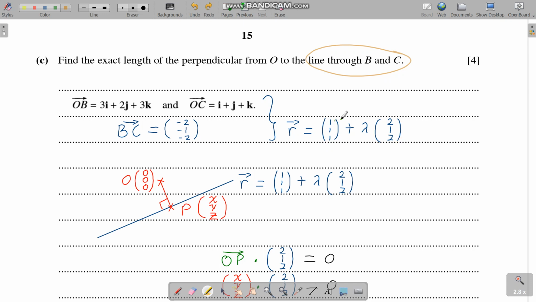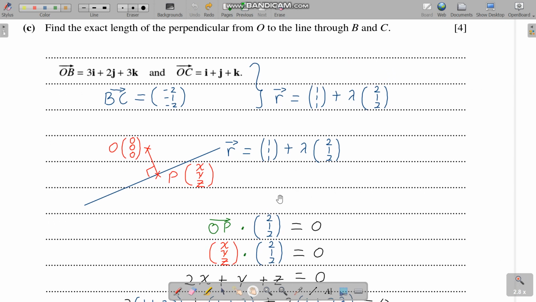So here we are using the point C because it's simple, (1, 1, 1), and we use the direction CB, actually, so that's (2, 1, 2). Okay, so here we are using point C and direction CB.